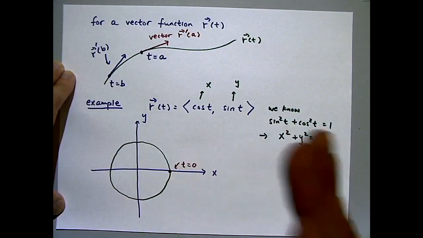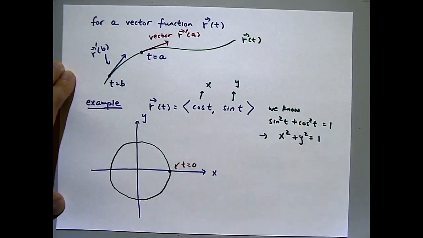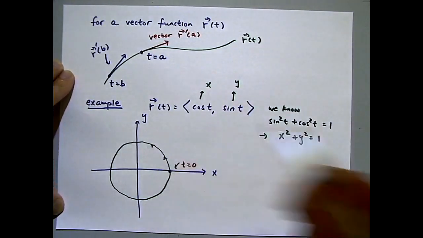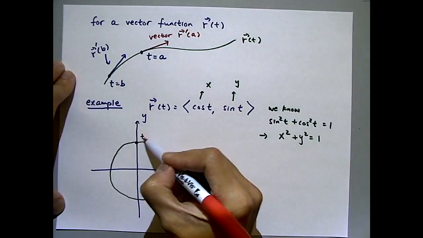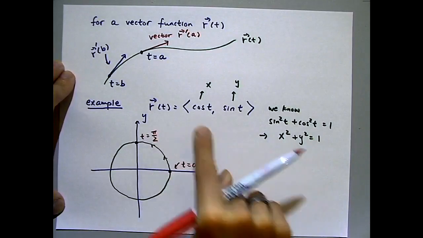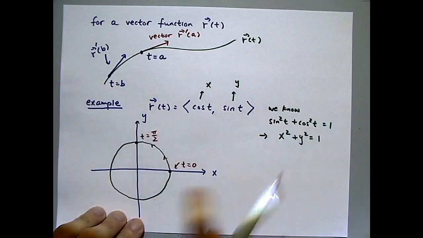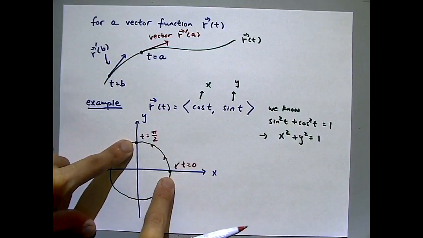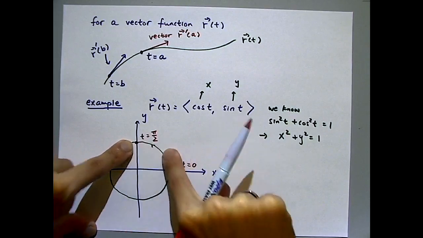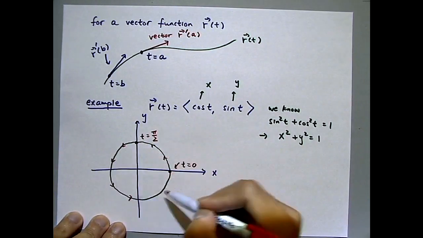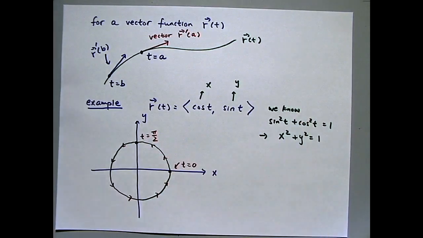As you increase t, cosine will get smaller initially, and sine will get bigger initially. So we know we're going in this direction. At t is equal to pi over 2, for example, we know cosine is 0 and sine is 1. So you could also figure out that if I start here and I end here, I must have gone in this direction. You can find t is pi over 4 and so on. So in various ways you could figure out the direction in which we travel around that space curve.